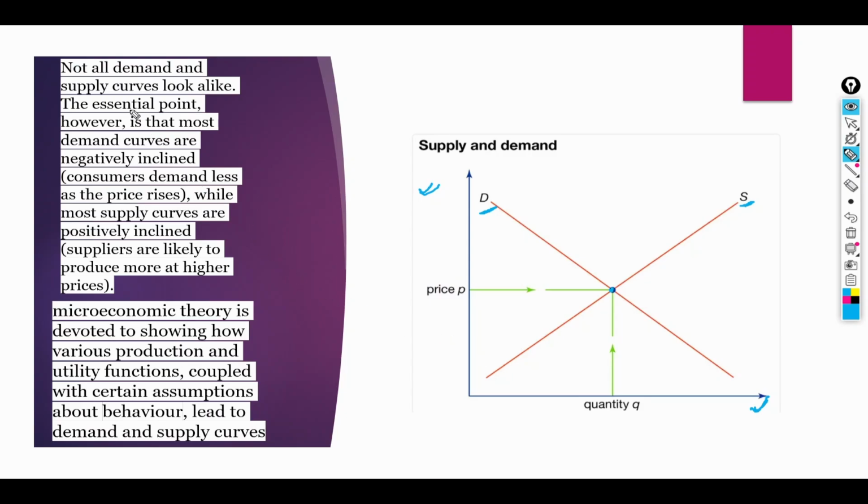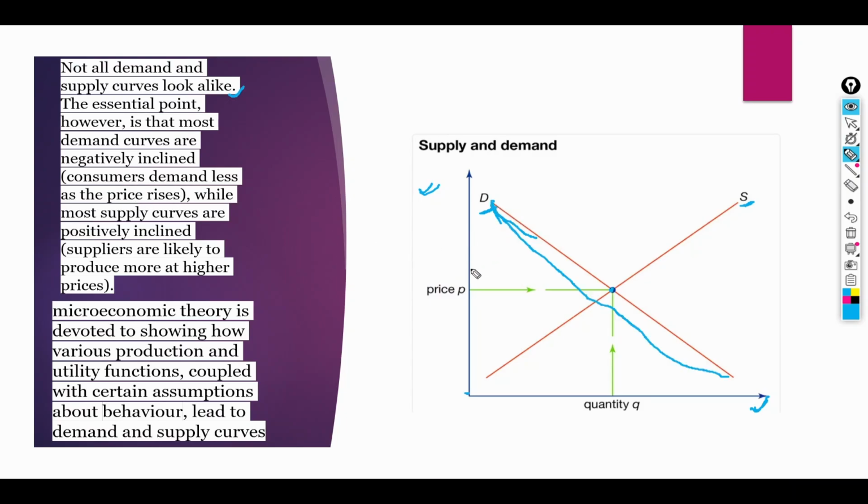Not all demand and supply curves look alike. The essential point, however, is that most demand curves are negatively inclined. This is the demand curve. It could be a straight line, but in real life practice it will be negatively inclined. So consumers demand less as the price rises.